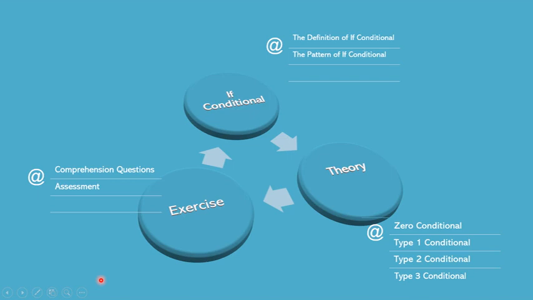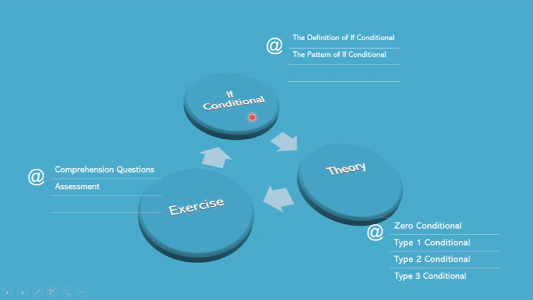In this screen, we learn about mind mapping. In this screen, we learn about what we will get by studying this chapter. This is our mind mapping in this chapter. We learn about if conditional, the theory of if conditional, and exercise.